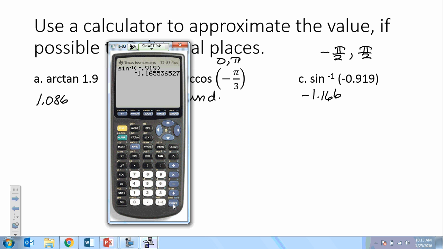Had you put this into degrees, you would get all these values back in degrees. Does that make sense?